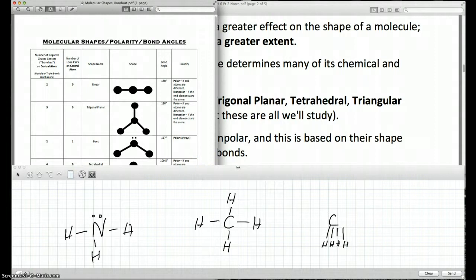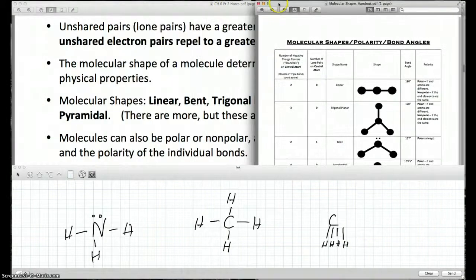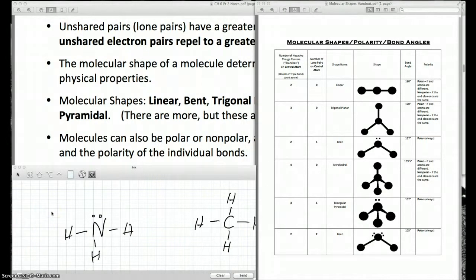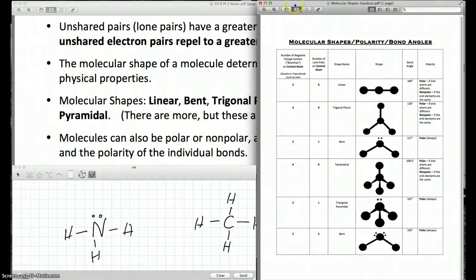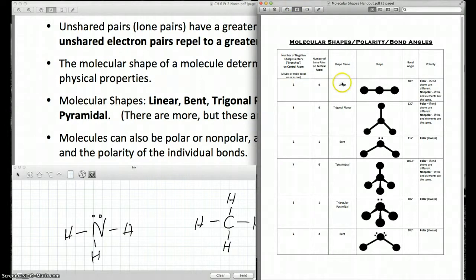So you'll get to use this. Maybe I'll move this over. I'm going to pause it for a second. Okay, there you go. Now you can see the entire handout here. The 5 different shapes: linear, trigonal planar, bent, tetrahedral, trigonal pyramidal, and the other bent. There's 2 different versions of bent. So we will get to that in class.